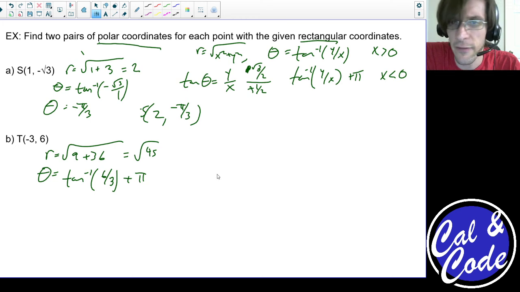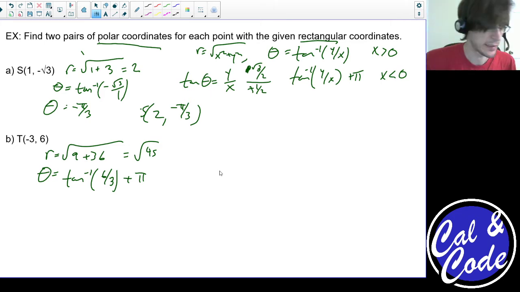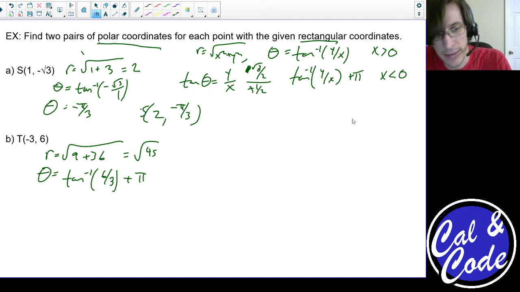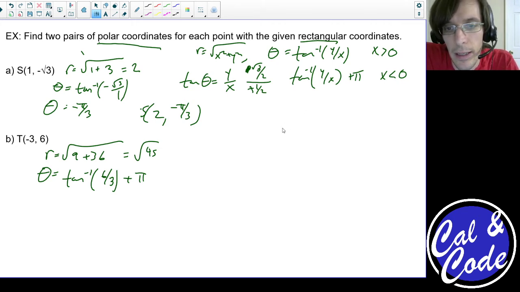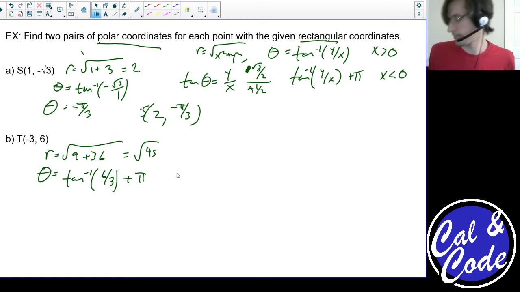So I'm kind of trying to think of when do I take the inverse tangent and get 2. That's really what I want to come up with here. So I'm thinking through how I will end up with 2. So let's see.